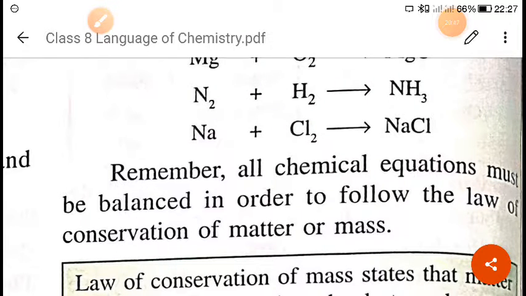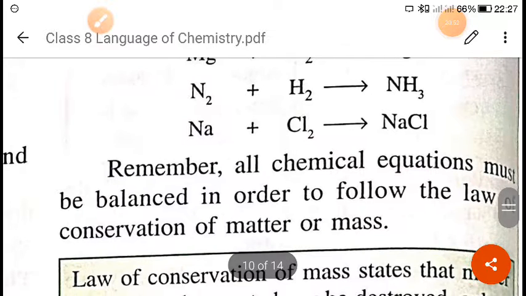These are all unbalanced chemical equations, and we have to remember that every chemical equation must be balanced in order to follow the law of conservation of mass.